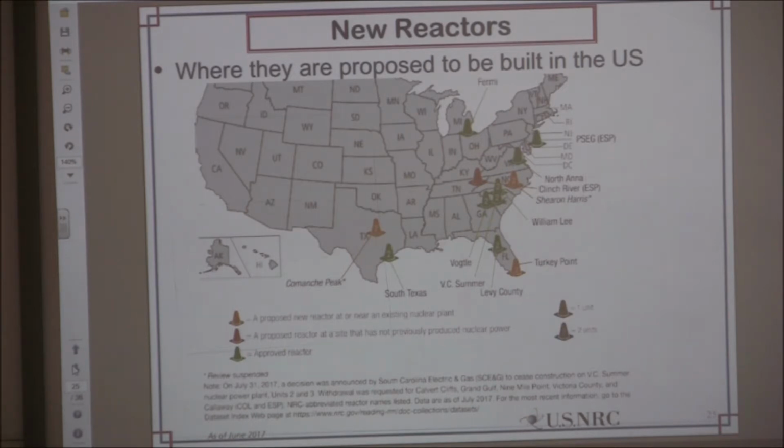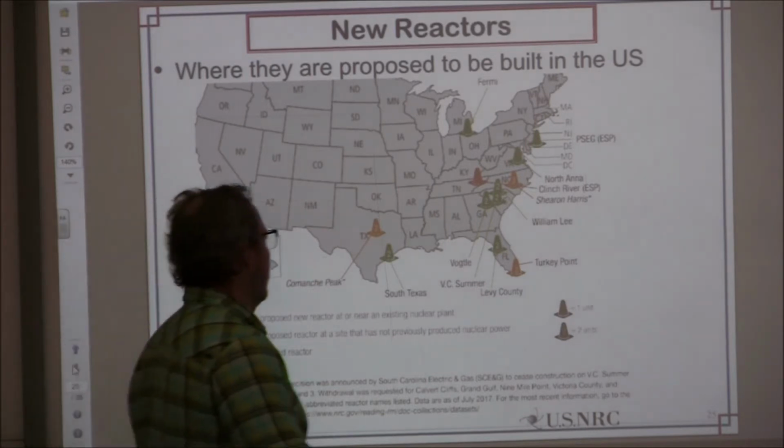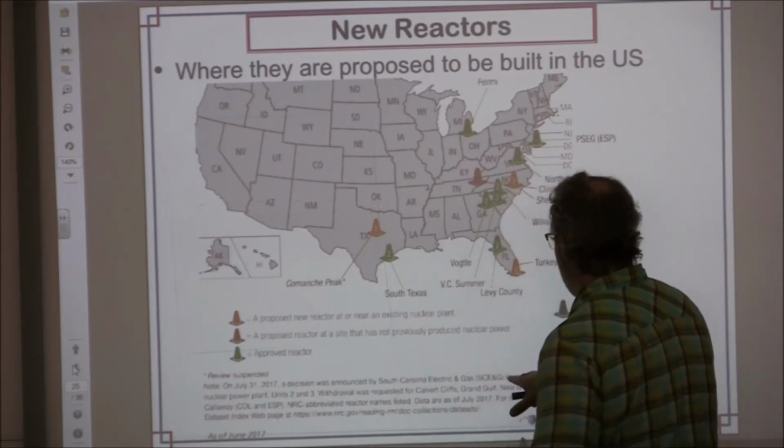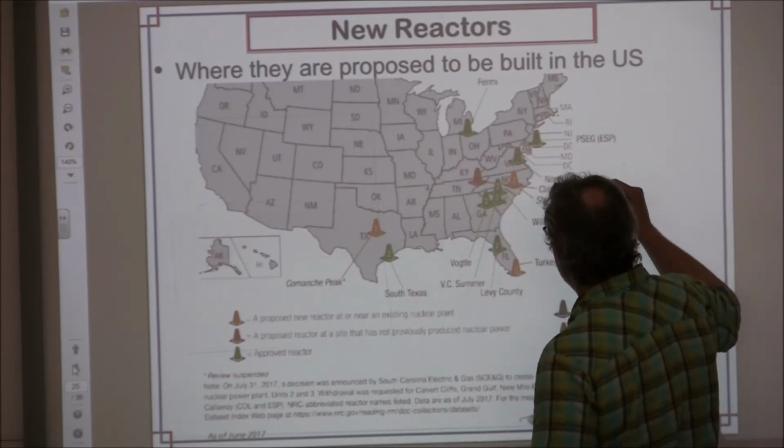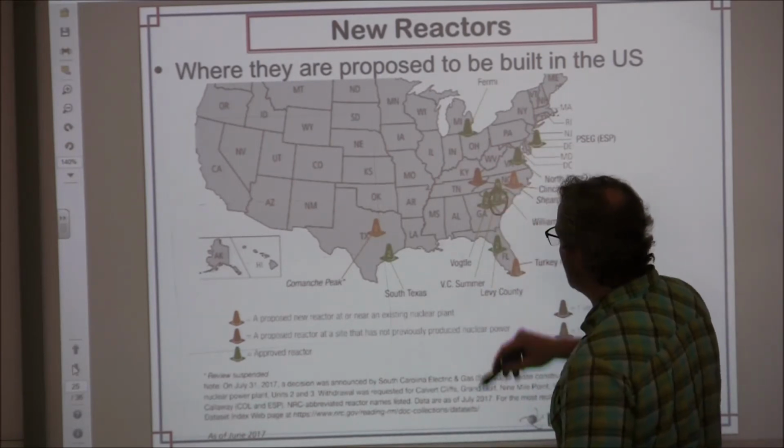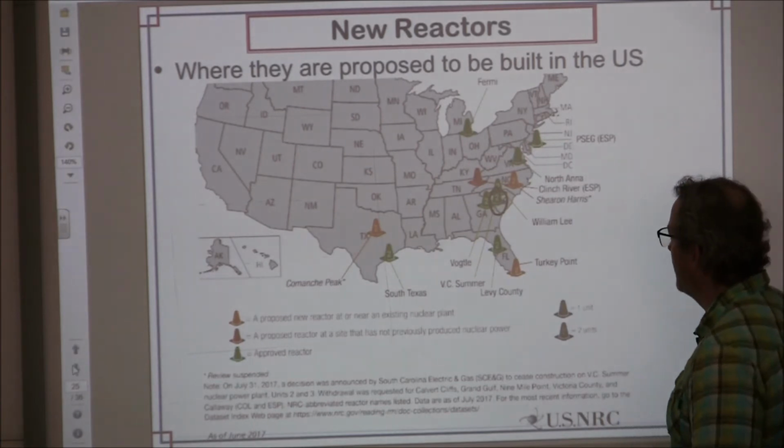Summer Nuclear Power withdrew requests for Calvert Cliffs, Grand Gulf, 9 Mile Point, and all those plants. So you can see how a lot of these, like the ones here, so you can see VC Summer, that's gone. They pulled the plug.